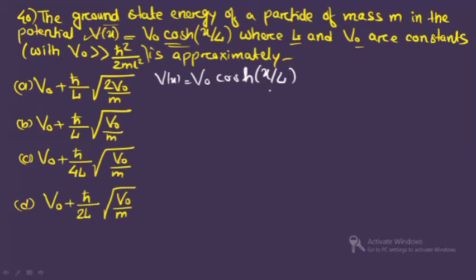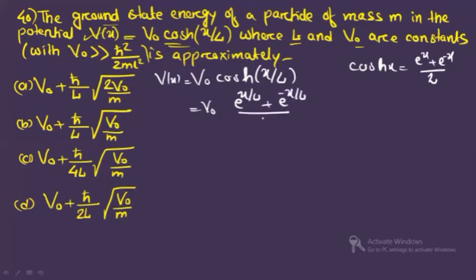If we write this cos hyperbolic in exponential form, what we know is cos hyperbolic x is equal to e to the power x plus e to the power minus x divided by 2. So here you can write this term, V0 cos hyperbolic x by L, as e to the power x by L plus e to the power minus x by L divided by 2.